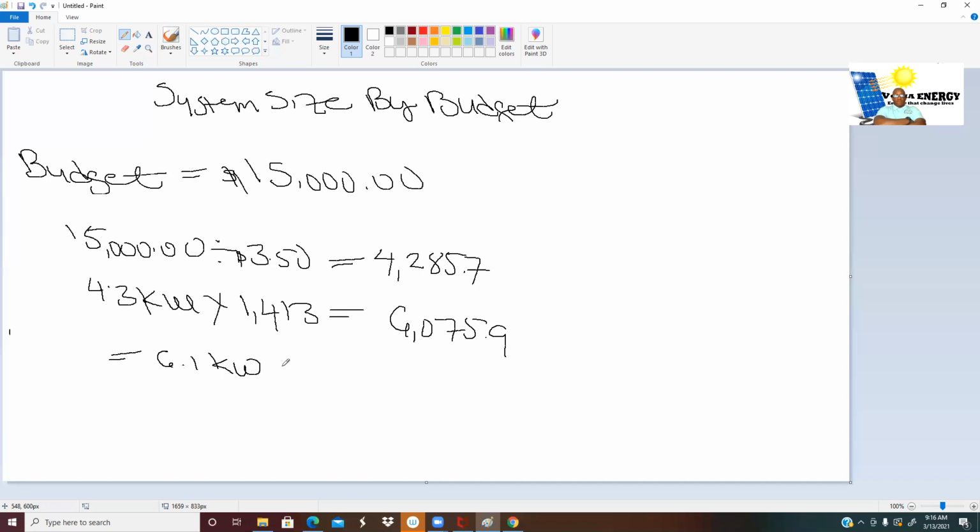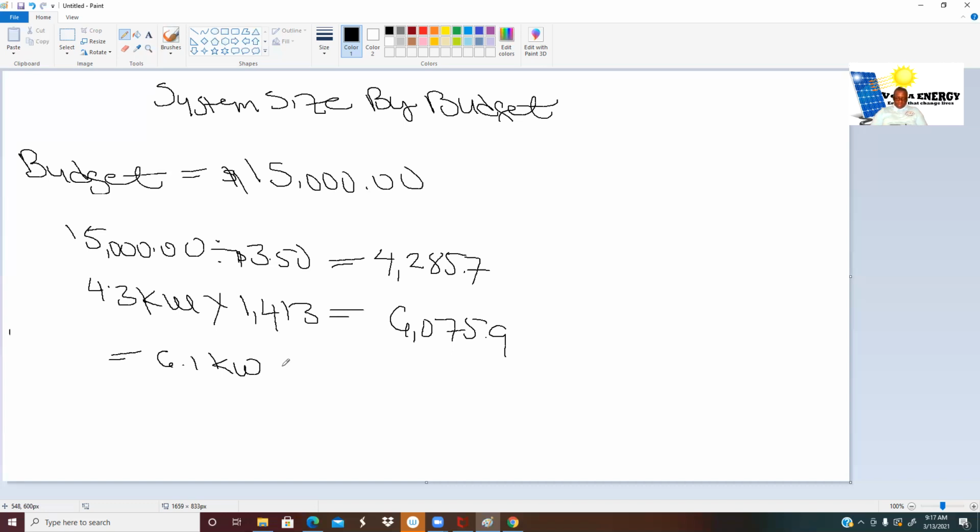So if the customer has a $7,500 budget, it's a 3 kilowatt system. That includes your inverter, charge controller, the battery, and everything else.